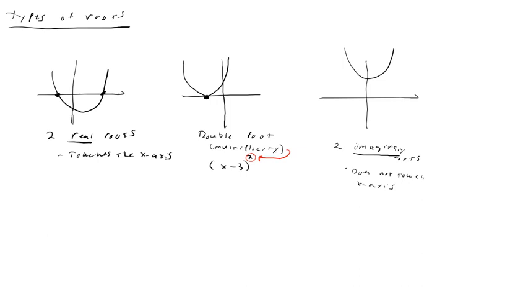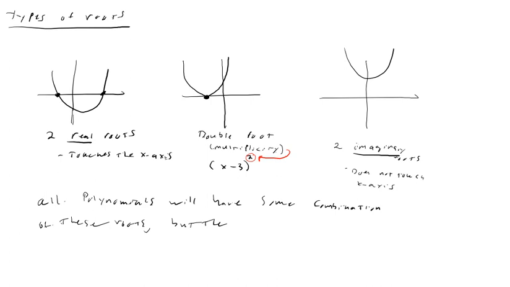So all polynomials will have some combination of these roots, but the total number will always equal the degree.